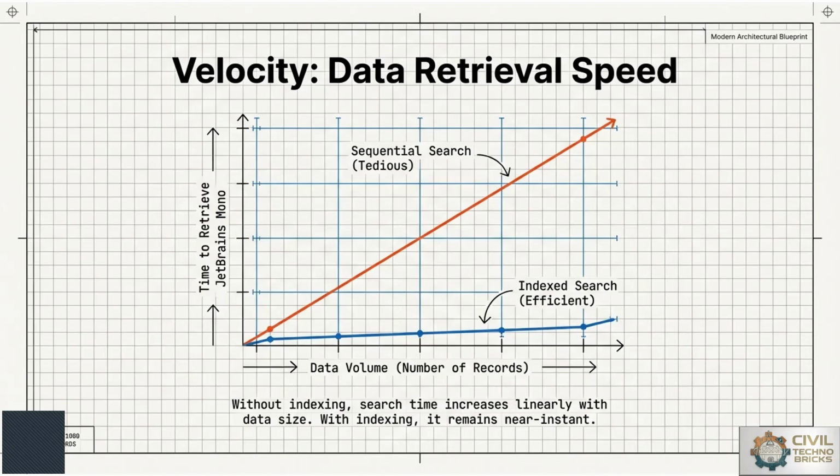Sequential search becomes slower because every record must be checked individually. Index search keeps retrieval fast and efficient even for large remote sensing datasets. So the orange graph represents sequential search with increasing search time, while the blue graph represents the index search with near constant speed.